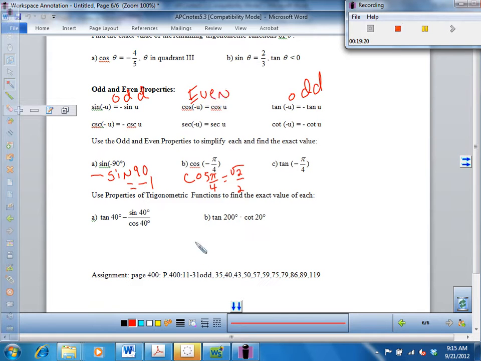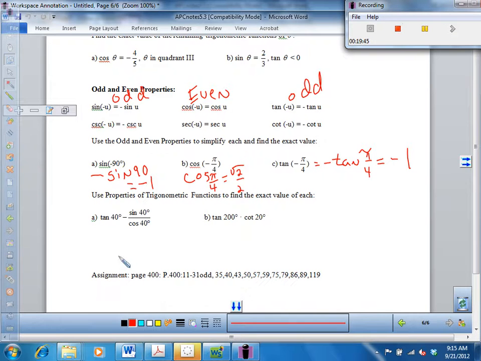And so the secant of a negative angle is the same as the secant of that same positive angle. So the tangent of negative pi/4, using this one, is the same as negative tangent of positive pi/4. And you should know that the tangent of pi/4 is 1. And so this ends up being negative 1.